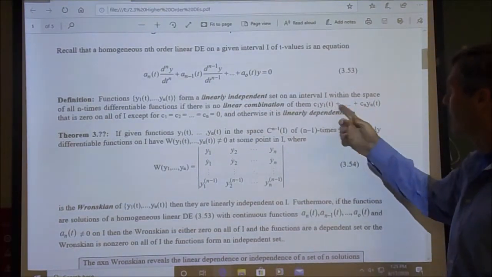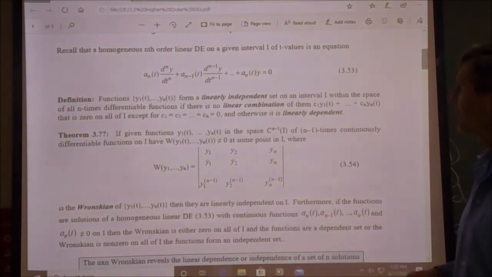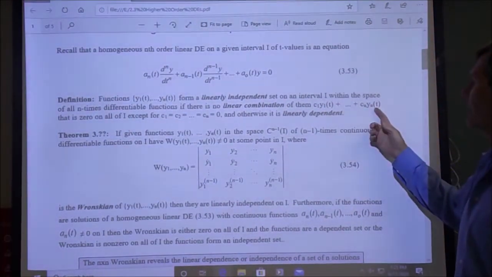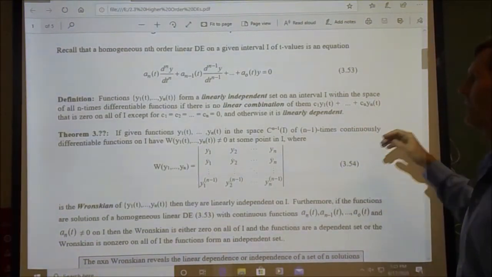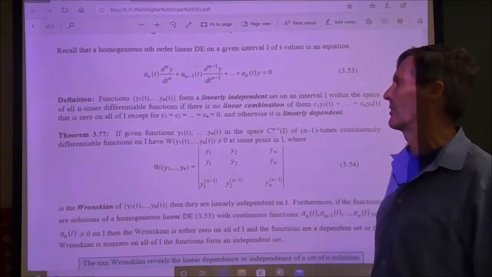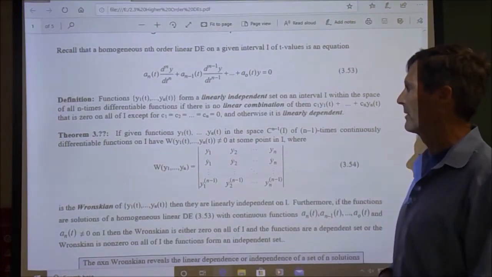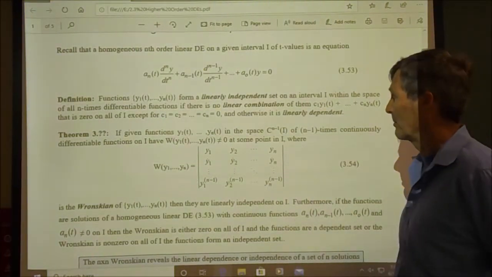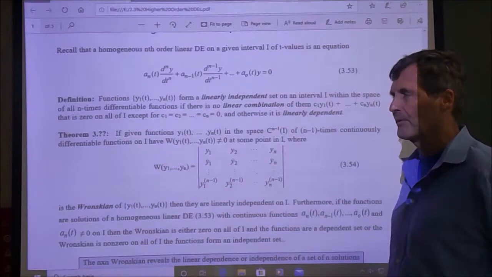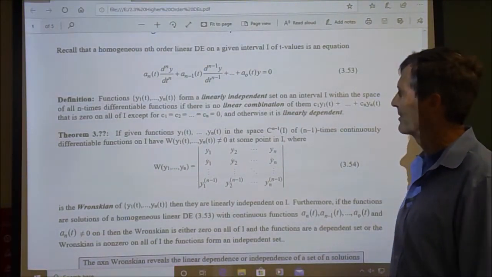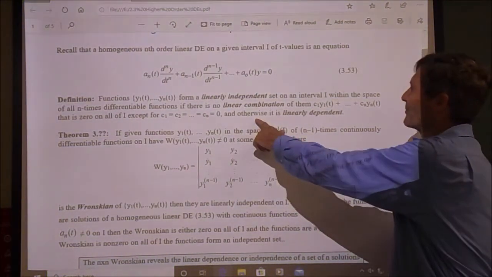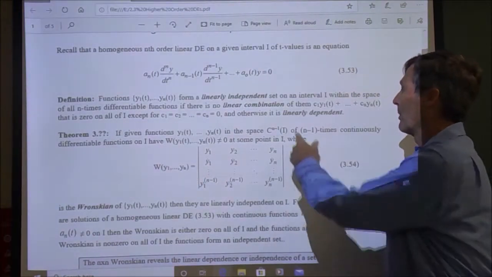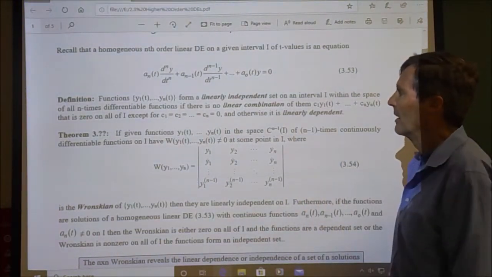We call that a linear combination of the n functions. If no linear combination makes those functions 0 on the whole interval unless all the constants are 0, that's the definition of linear independence. If you've taken linear algebra before, that probably sounds perfectly familiar, and otherwise it probably sounds very abstract. And otherwise they're linearly dependent.